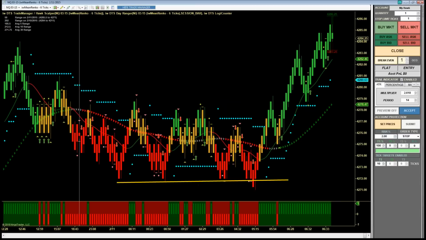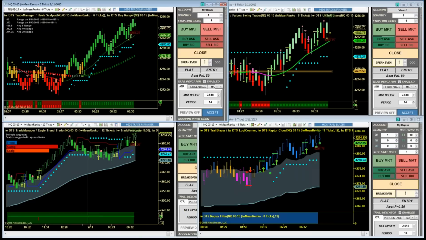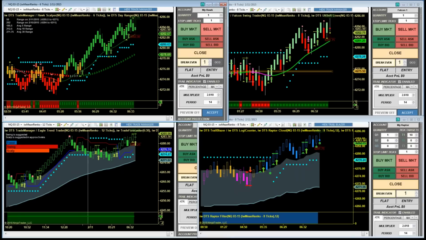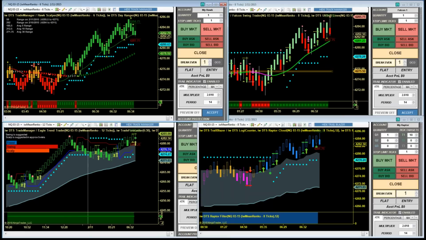The nice thing about the mean Renko bar style is that I think it gives you a really good overview of who is controlling the market. It's very easy to see where the buyers are at. It's very easy to see where the sellers are at, who is controlling the market. Just a really good bar style, I think.